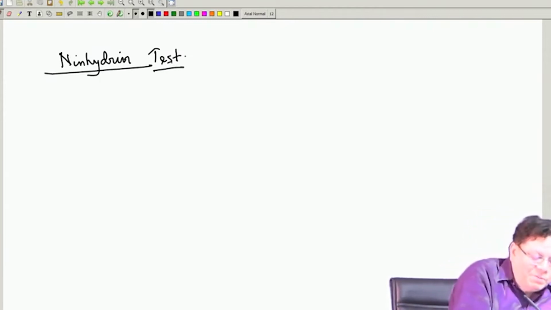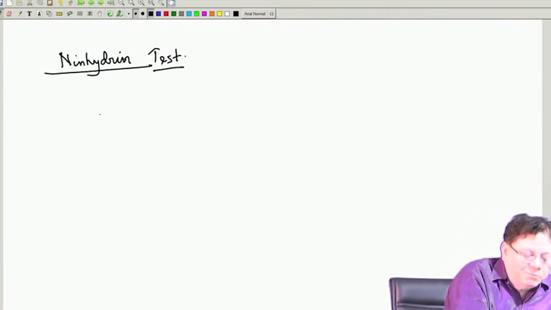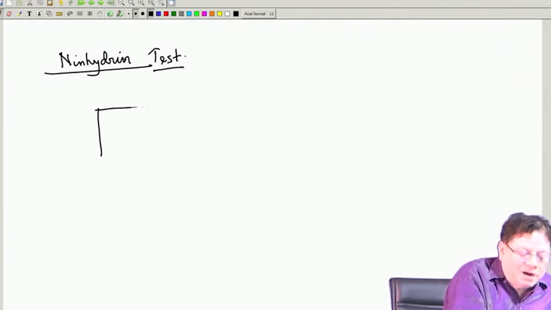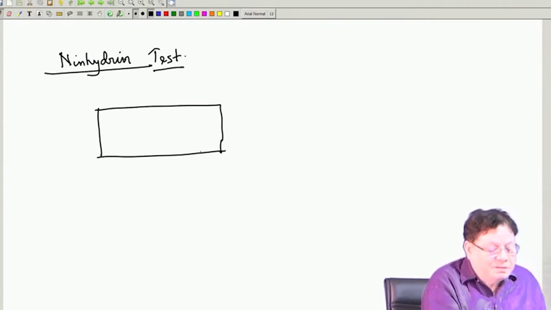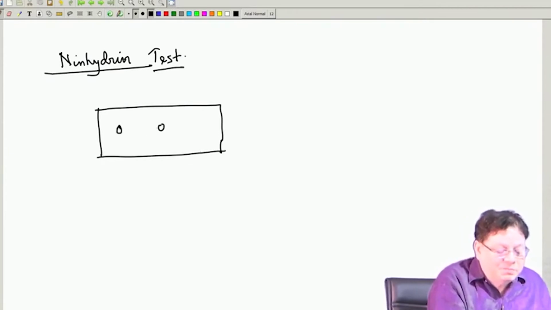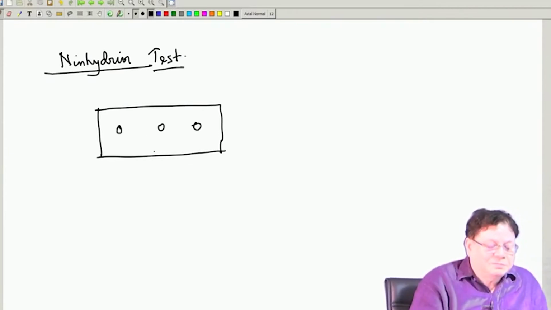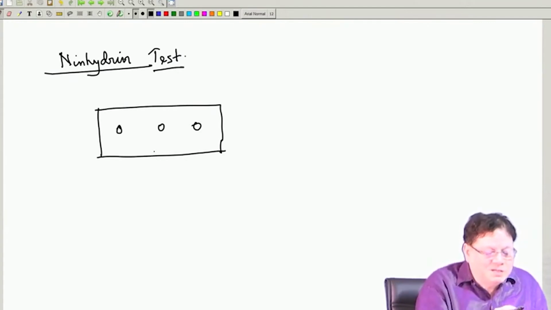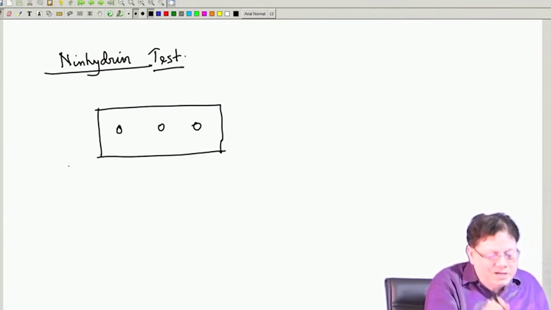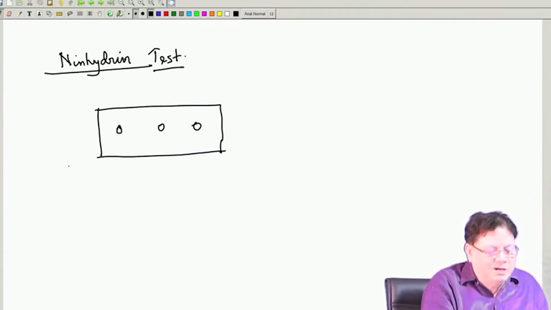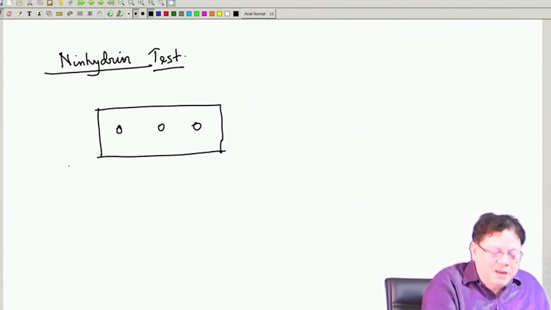Okay. So, now suppose after the electrophoresis I have bands here. Okay. These are the spots of the 3 amino acids. How to know where they are? So, what I do, I spray this Ninhydrin reagent. It is just Ninhydrin in acetone solution. I spray it and then I heat the paper with a hot air gun.